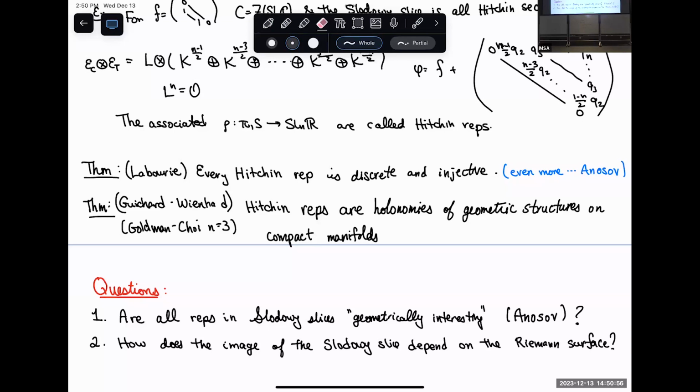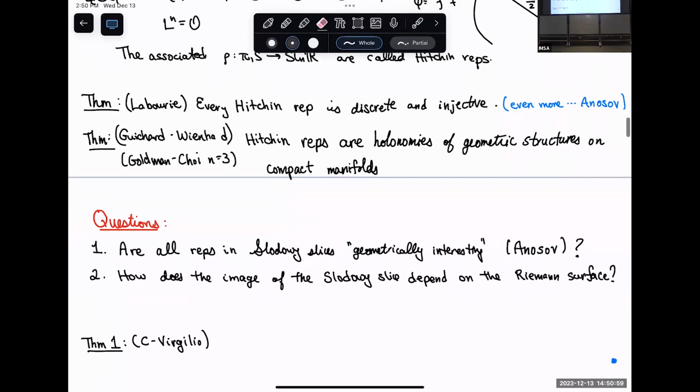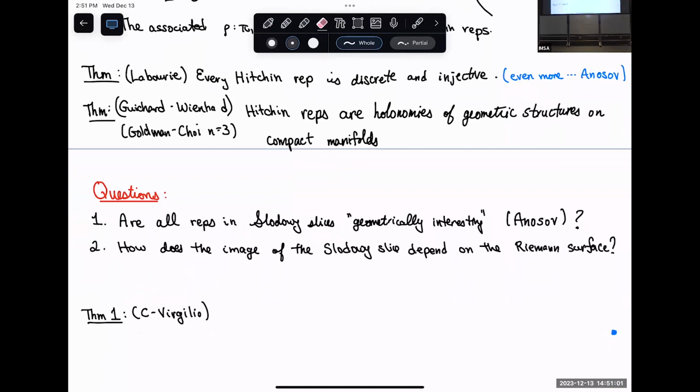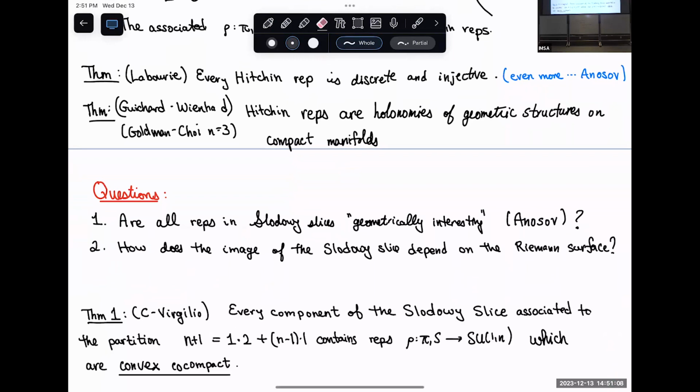I'm not going to present that to you today, but what I am going to do is give you some evidence that I like, from recent work, for the first one. Here's the theorem, which is joint with Zach Virgilio. Every component of the Slodowy slice associated to the partition n+1 = 2+1+1+...+1, as far as you can go, contains representations into SU(1,n) which are convex cocompact.